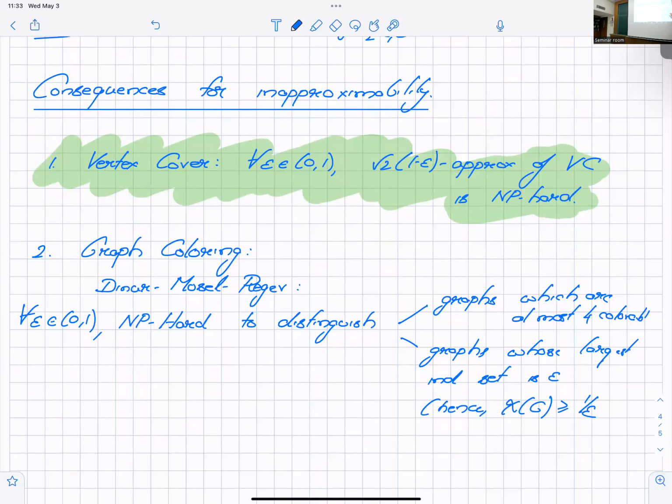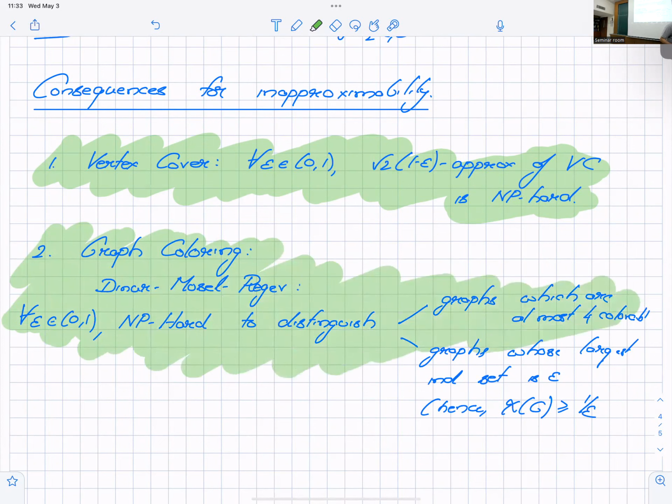If you want to improve these results, if you want their reductions to go through, you would want the sigma to epsilon relation, so you will need tighter relationships. It will be interesting to do this for 3-coloring.